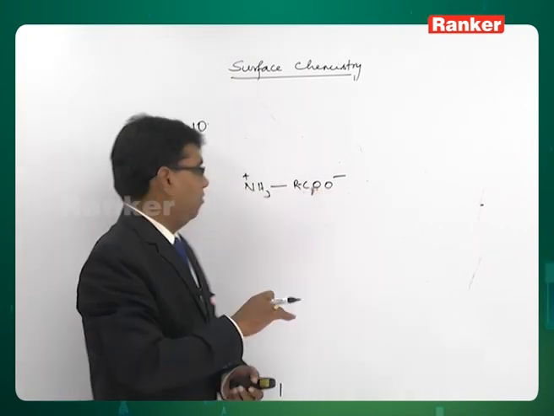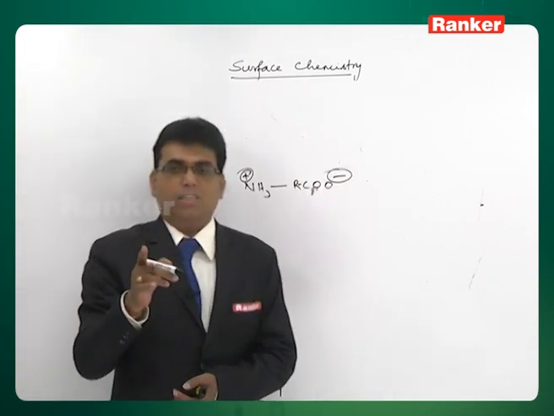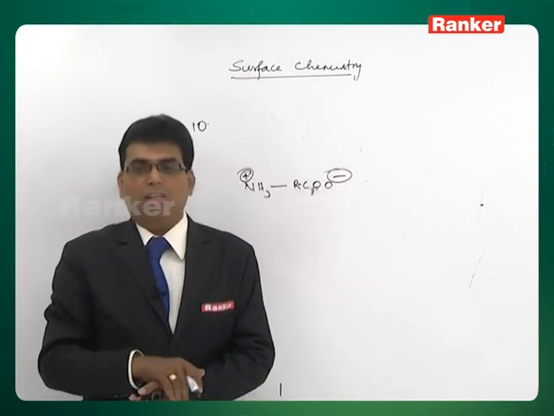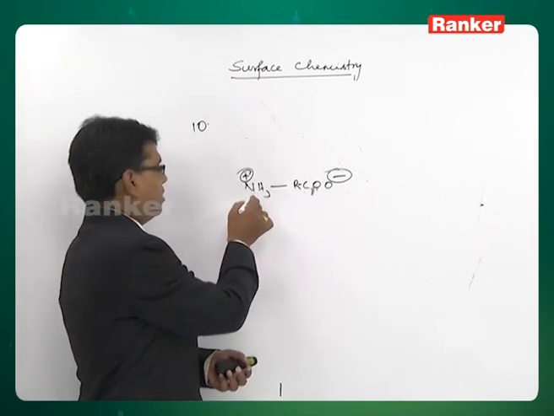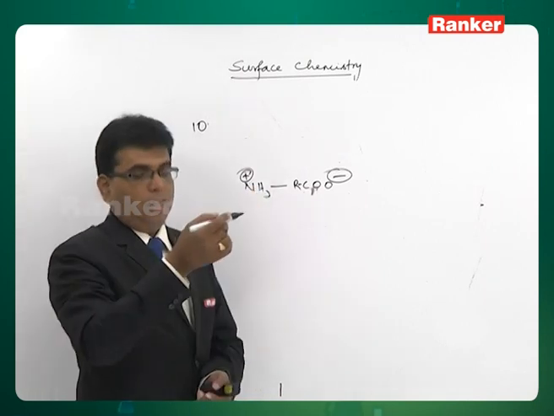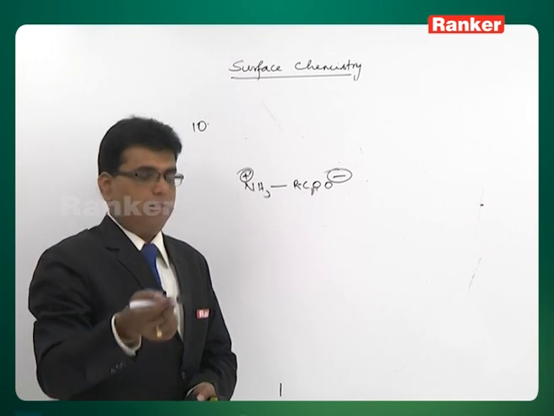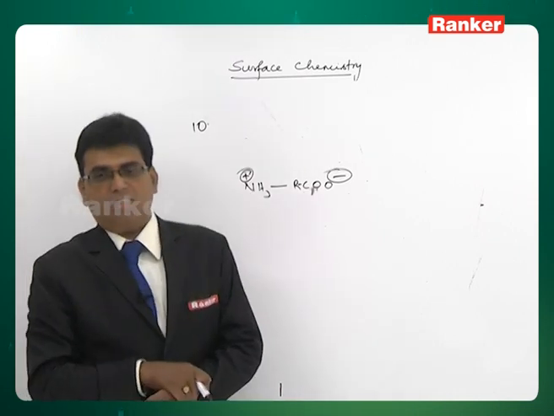So whether the sol is positively or negatively charged depends on the pH of the solution, on whether it releases H plus ions or OH minus ions. Based on that, we should be able to say it is a correct statement.